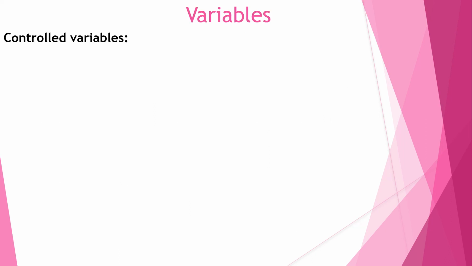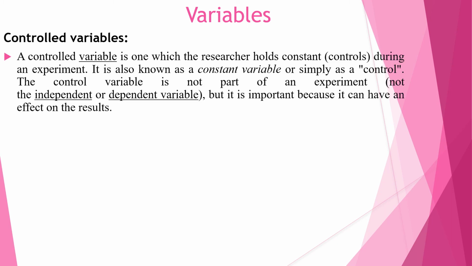The last type of variable is controlled variables. Controlled variables are the variables which the researcher wants to control. They are also known as constant variables, or simply called control.